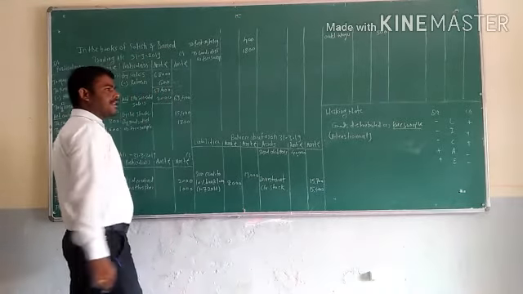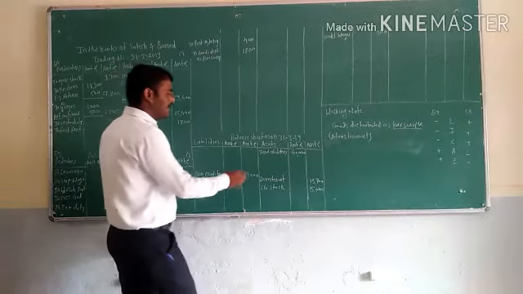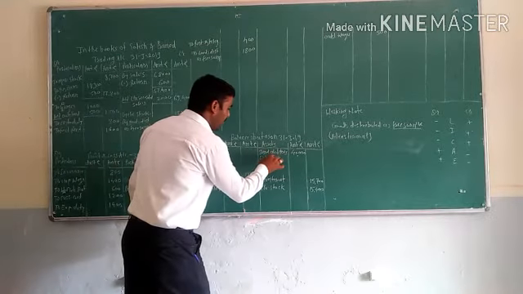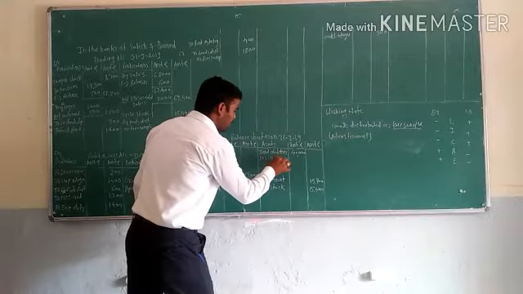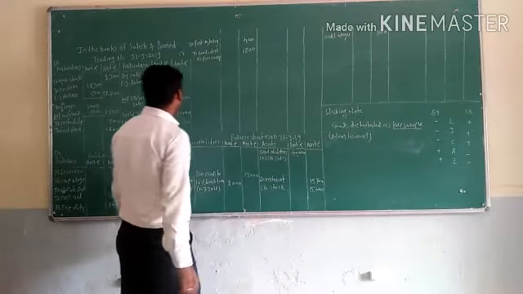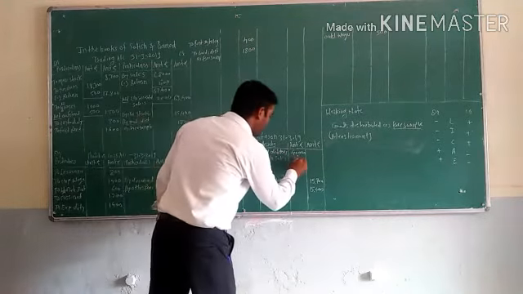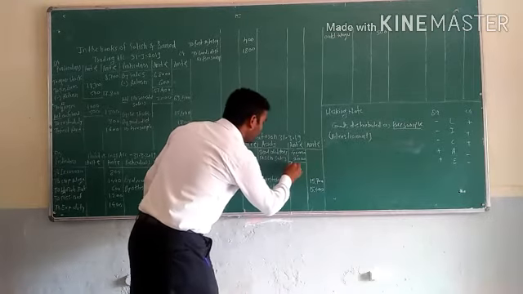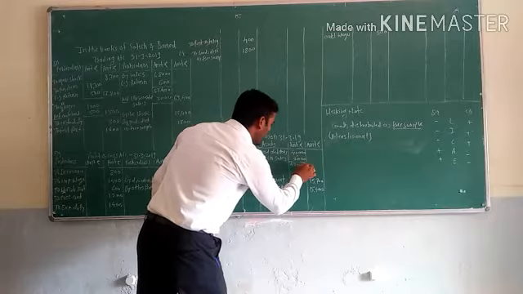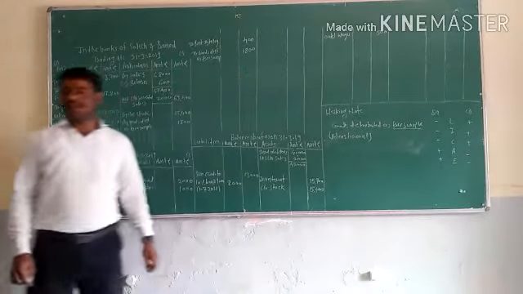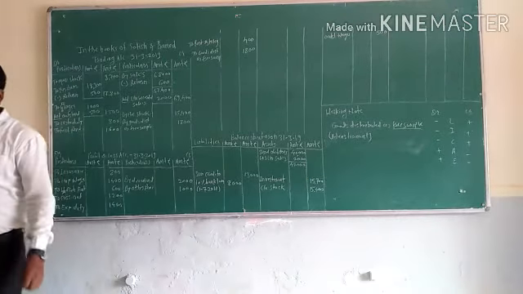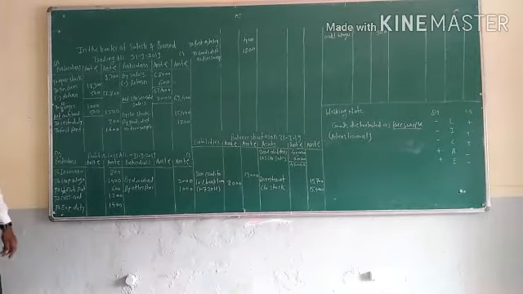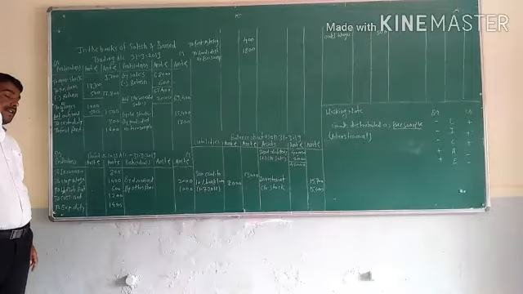Now the second effect is recorded in sundry debtors, unrecorded sales, and the amount is 2,000. The total amount is 42,000.